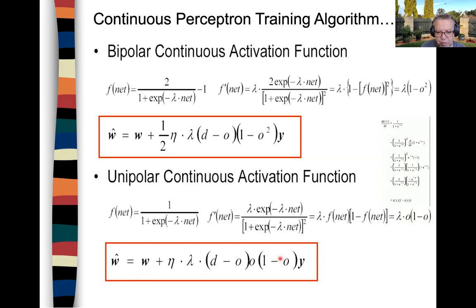So our learning rule becomes the old weight plus eta times lambda times (d minus O), and this delta W is a function of the desired output, the actual output, the input pattern, and the learning rate.